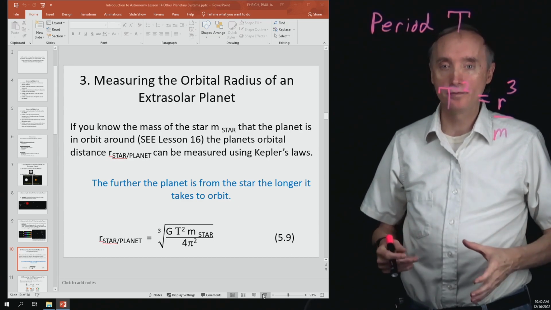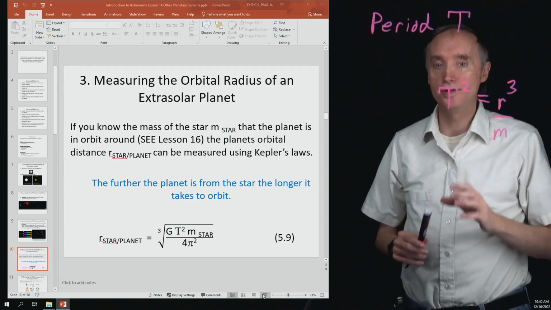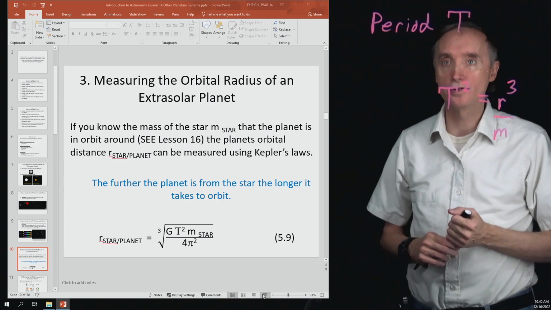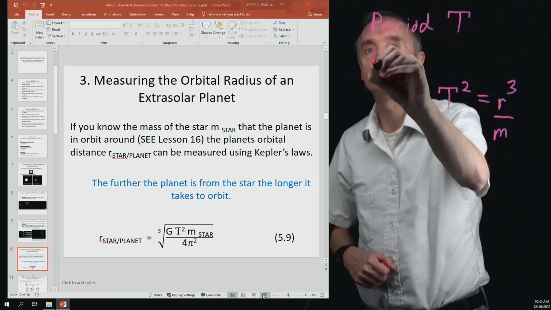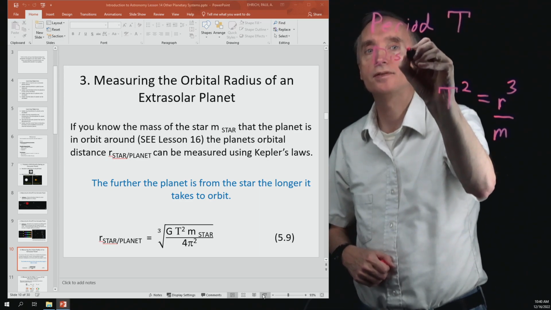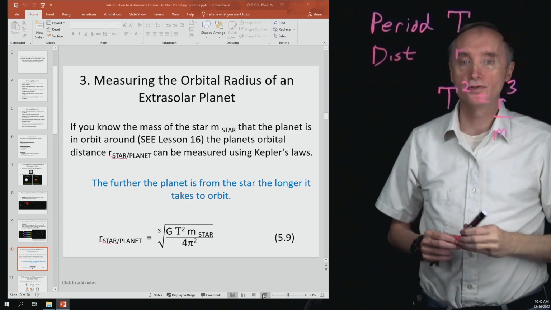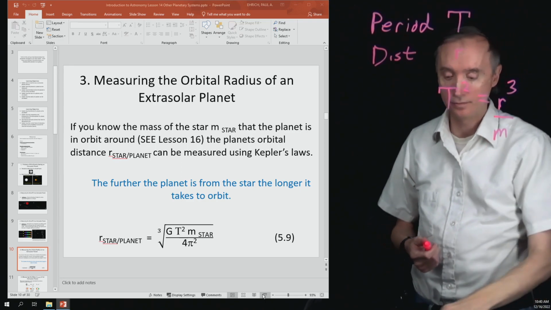So we can take all that information, plug it into that formula, and now we know the distance from the star to the planet that we're interested in. So let's go ahead and put that up here. So we'll say the distance R from the planet to its star. So now that's a new piece of information that we can measure.